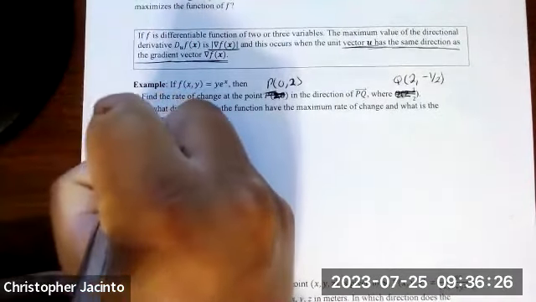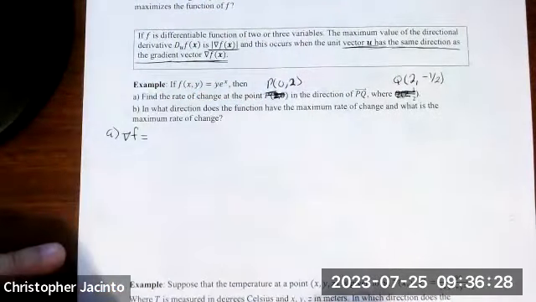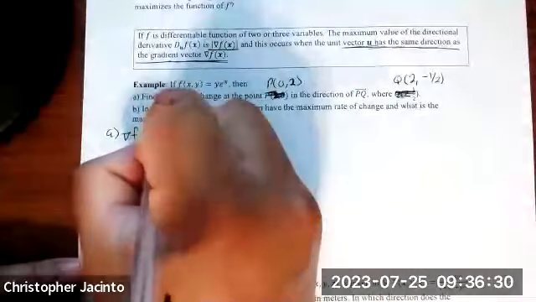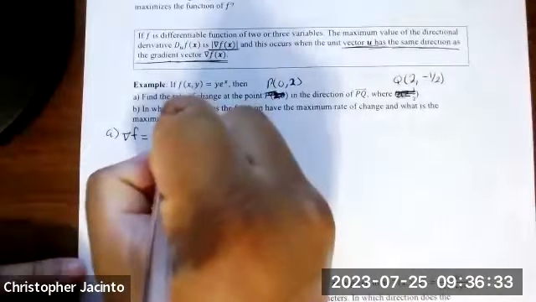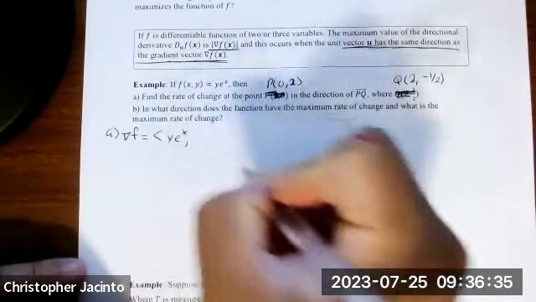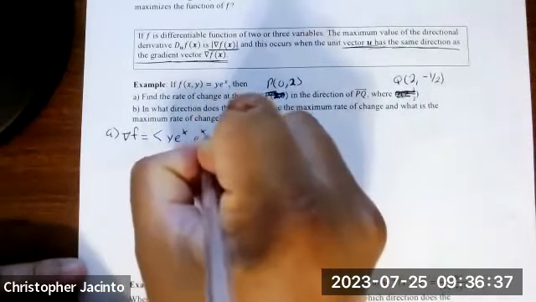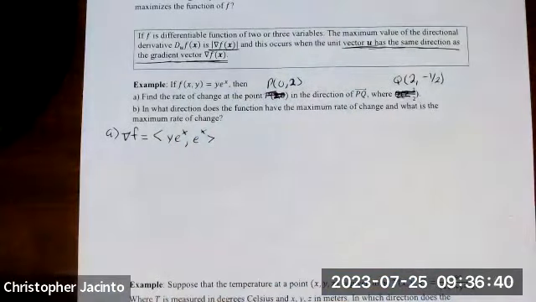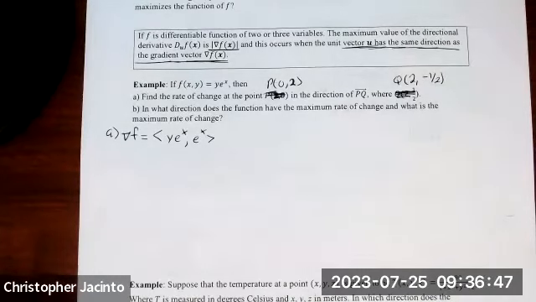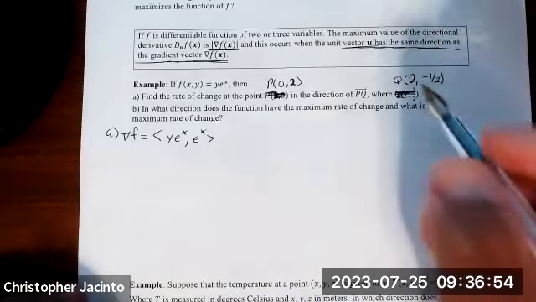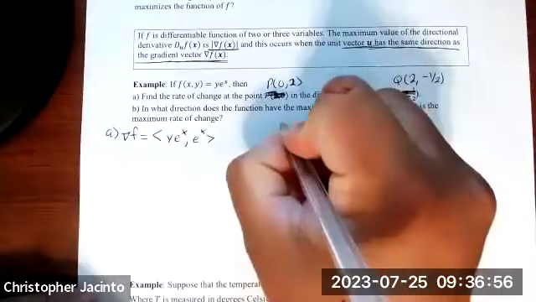So first off, we need to find our gradient vector. With respect to x, it's just going to be y e^x. With respect to y, just e^x. That's a kind of nice derivative. Next, we have to find our vector. In order to find it, we'll call that vector PQ.